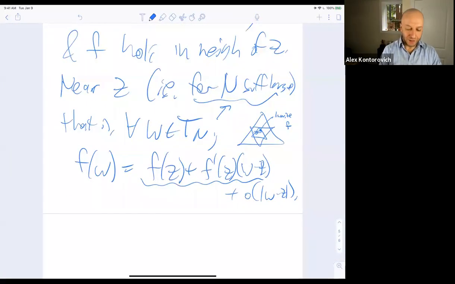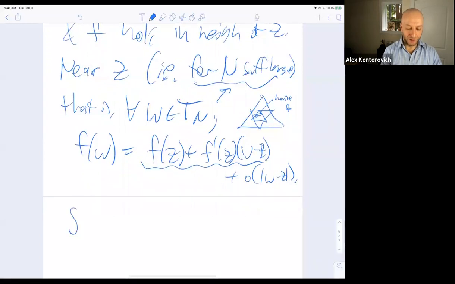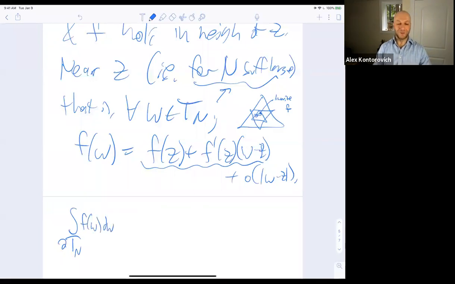Now let's look at the integral over the boundary of Tn of f of w dw, since z is my fixed point. Let's not change notation. Z is this point that we've zoomed in on.